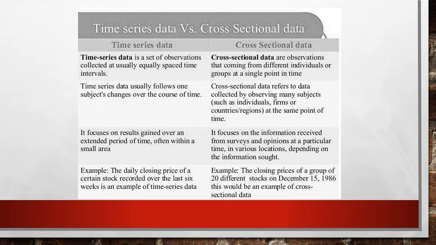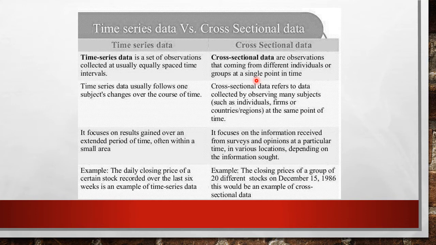Here I have a brief on the characteristics of time series data versus cross-sectional data. Time series data is a set of observations collected usually at equally spaced time intervals. Cross-sectional data are observations coming from different individuals or groups at a single point of time.